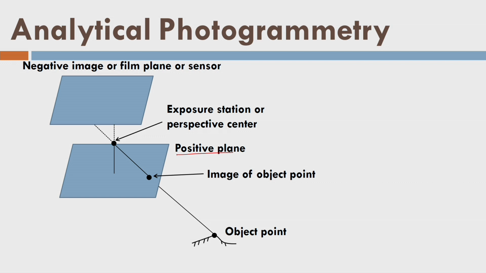Remember, this is the impression of this object point on the negative film, right. From the negative film we develop the positive, and wherever this point comes on the positive we call it the image of the object point, and there is a reason for that.